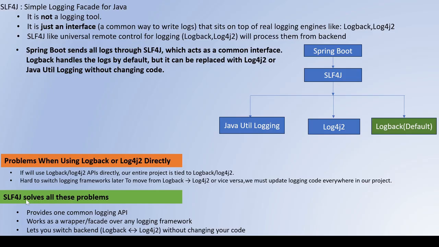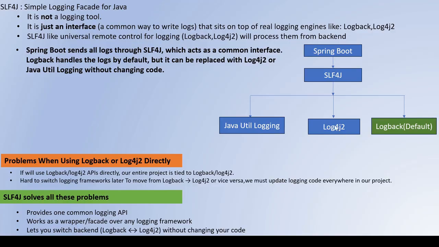Then what will we do? SLF4J helps to solve those problems, right? This Spring Boot application uses SLF4J; the code uses only SLF4J. Then the actual logging is handled by a backend like logback or log4j2.